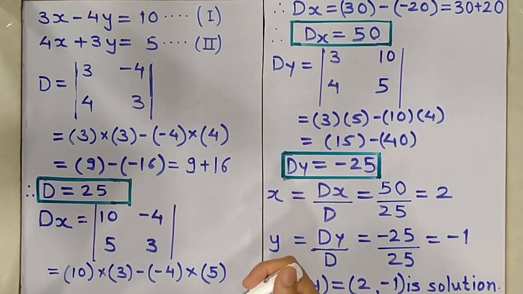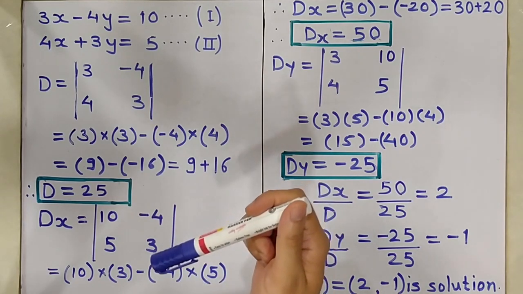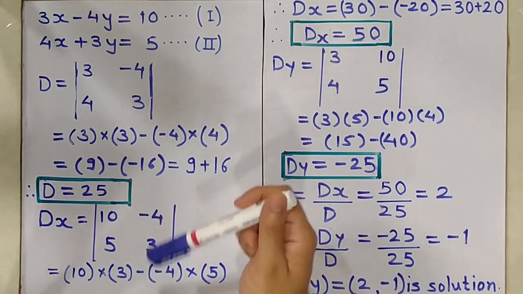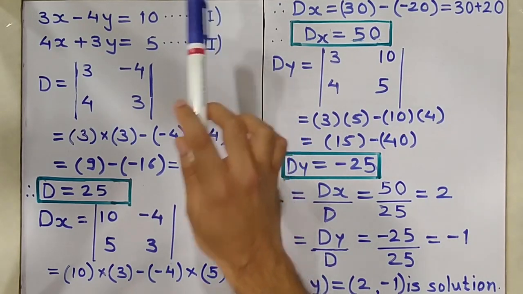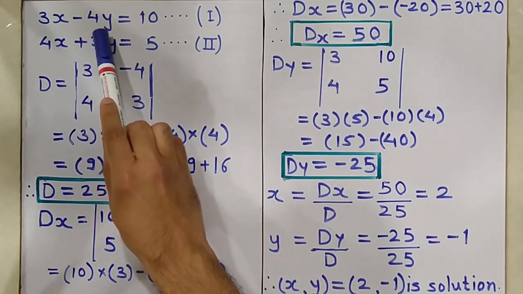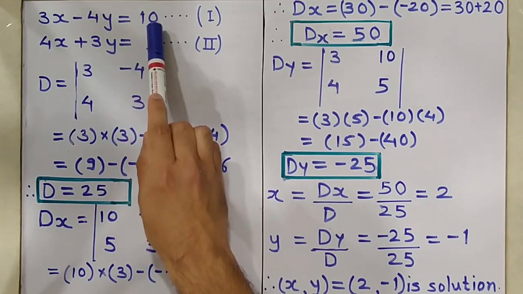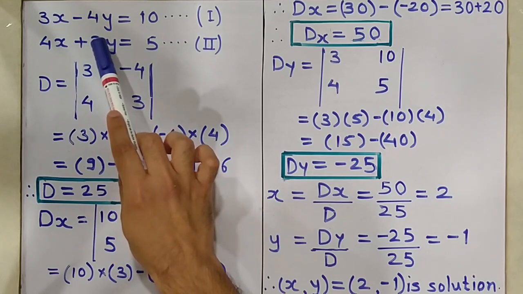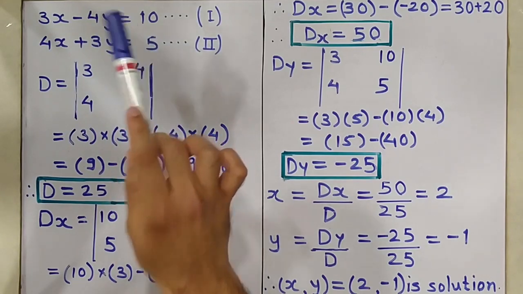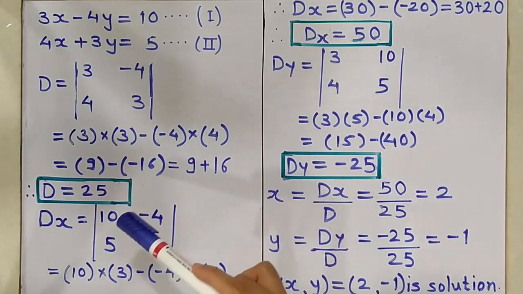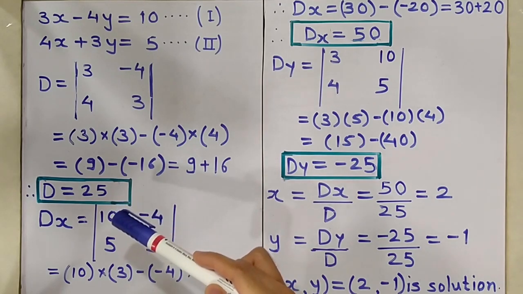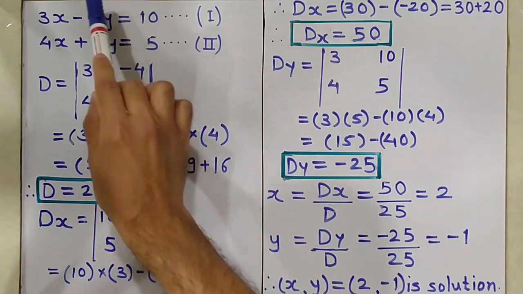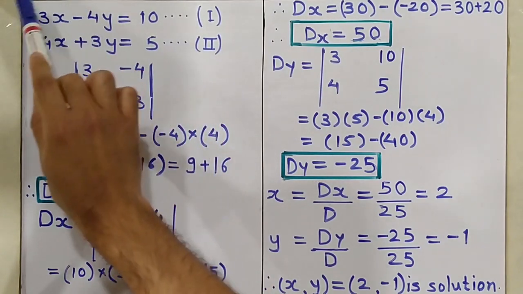Now we will see how to solve linear equations in two variables using Cramer's method. The first equation is 3x minus 4y is equal to 10, and the second equation is 4x plus 3y is equal to 5. Remember, when you are solving by using Cramer's method, the variables are on the left hand side.